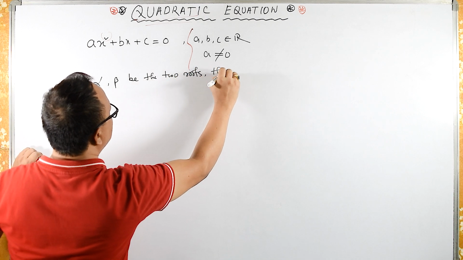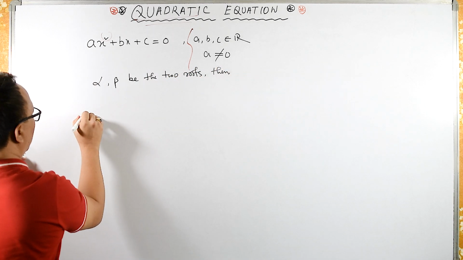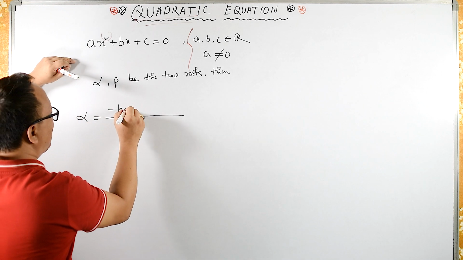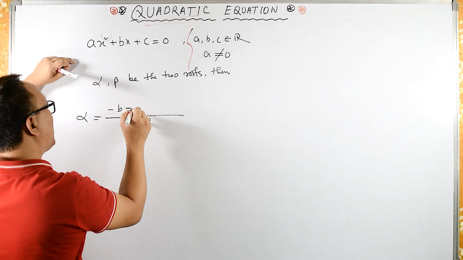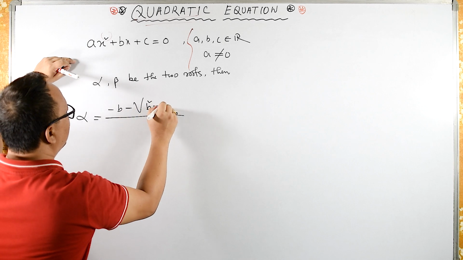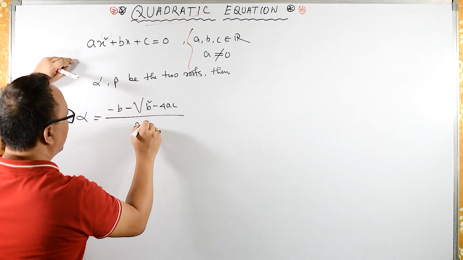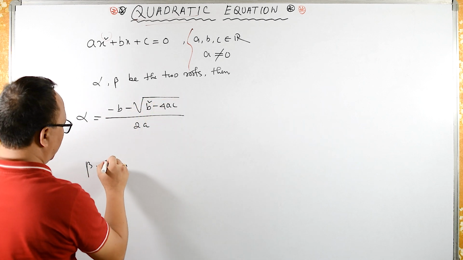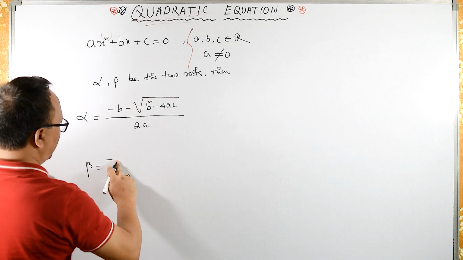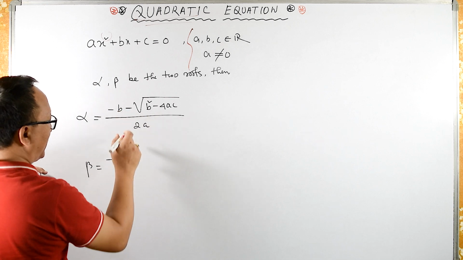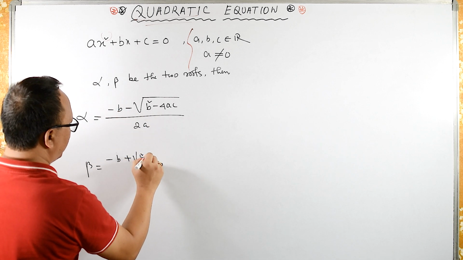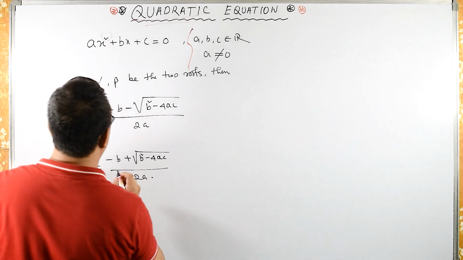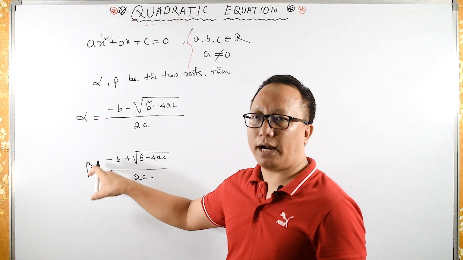Then alpha is equal to minus b minus, or you can say take plus or minus, square root of b² minus 4ac upon twice a, and beta equals minus b plus square root of b² minus 4ac upon 2a. Alpha and beta are the two roots.